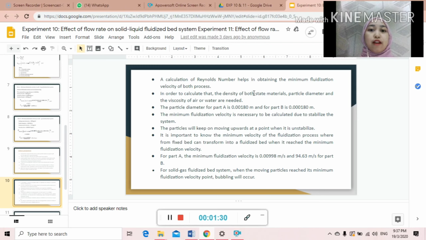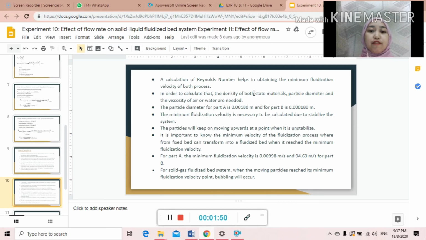In order to calculate that, the density of both materials, the particle diameter, and the viscosity of air and water are needed. The particle diameter for part A is 0.0018 meter and for part B is 0.00018 meter.